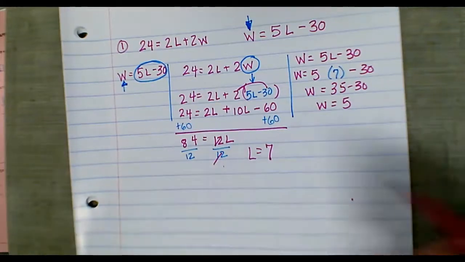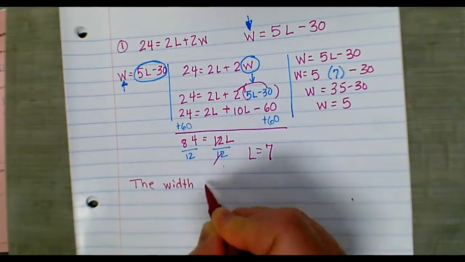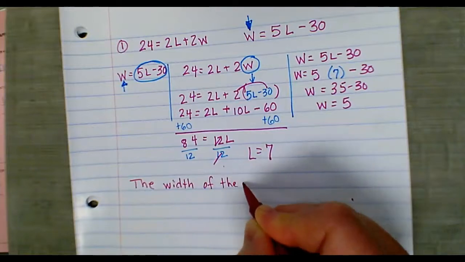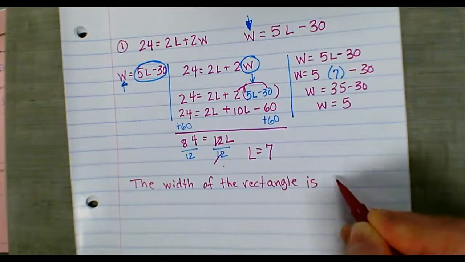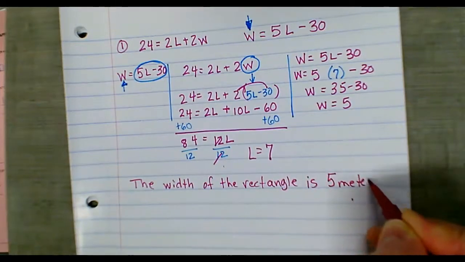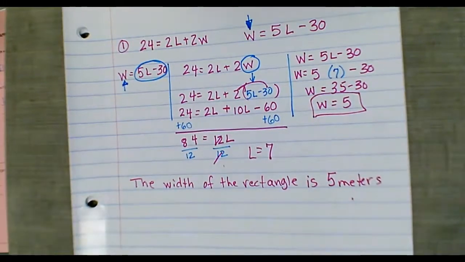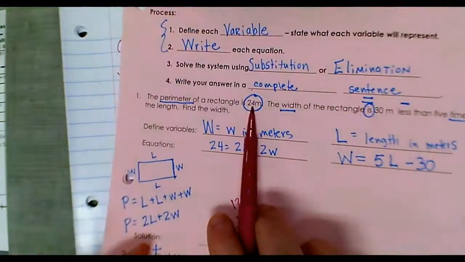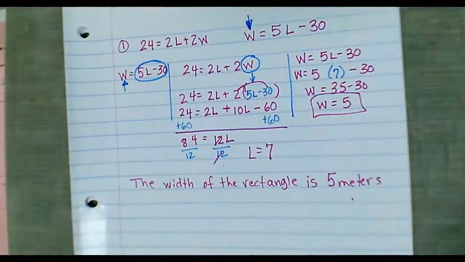So, the width of the rectangle, it said in the problem that it was a rectangle, is 5 meters, because this one is the width, because we wrote down that W stands for the width. The way that I know that it's 5 meters is because in the original problem I was given meters. So that means the answer is also in meters.